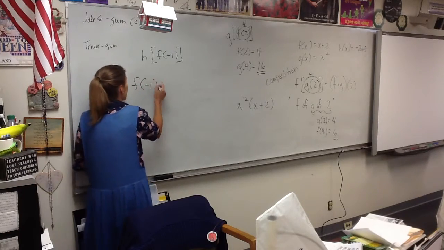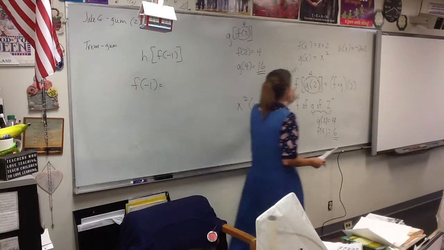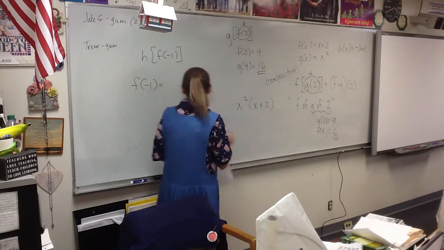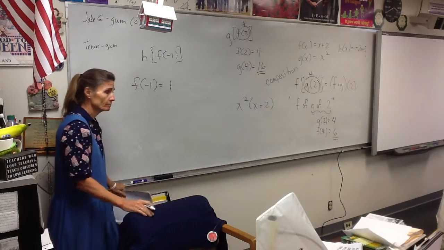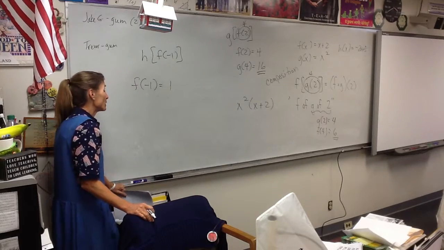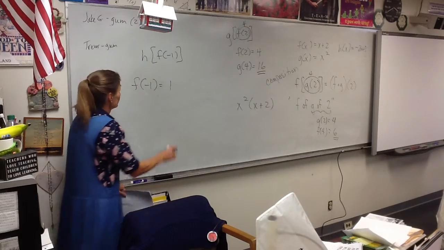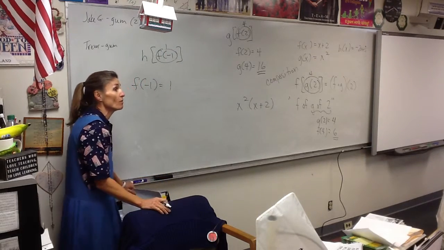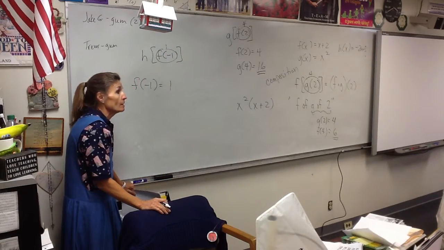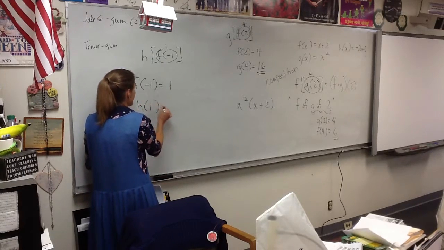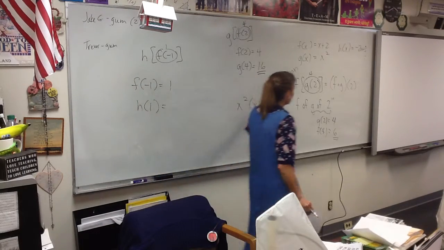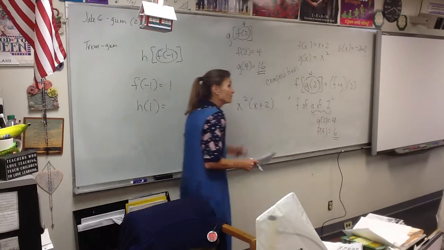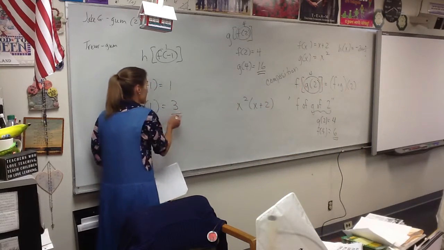And when I put negative 1 into the f, Jennifer, what do I come out with? Positive 1. Very good. Now, Olivia, I'm going to take that 1 that I just got. This equals 1. And what am I going to do with that 1? Put it into H. I'm going to find H of 1. And what do I get when I put 1 into my H? Perfect. And that's the answer to the question.